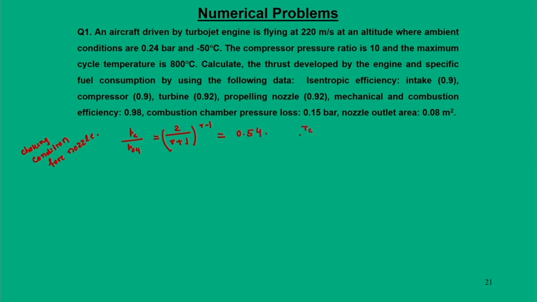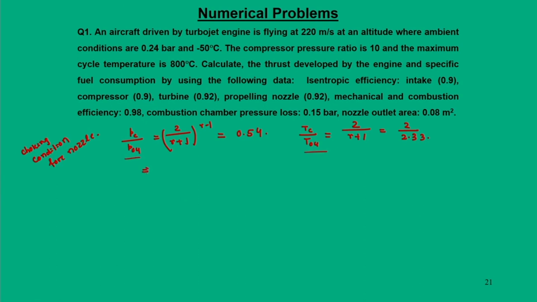And Tc by T04 we can calculate as 2 by gamma plus 1, that is 2 by 2.33. Okay. Now we know P04, we do not know T04.